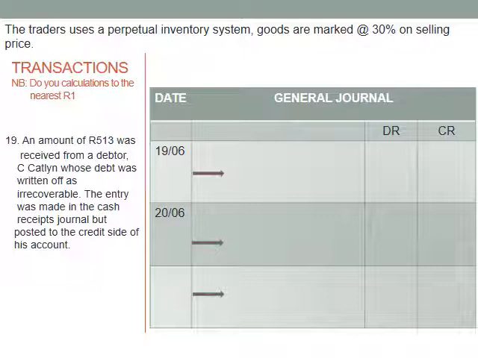When the debtor settles an account which was previously written off as irrecoverable, the entry should be recorded in an income account called credit loss recovered.